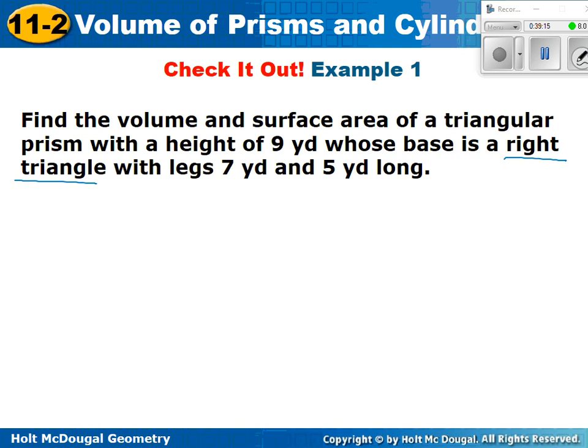So I would usually start with just drawing a right triangle on my paper. To me, that's a little easier. And then remember that prisms are made up of 2 bases with a bunch of what shapes? Rectangles. So once you draw your right triangle, then you can extend this out to make it a prism. And then, oops, I don't know why I'm dashing that. That should not be dashed.